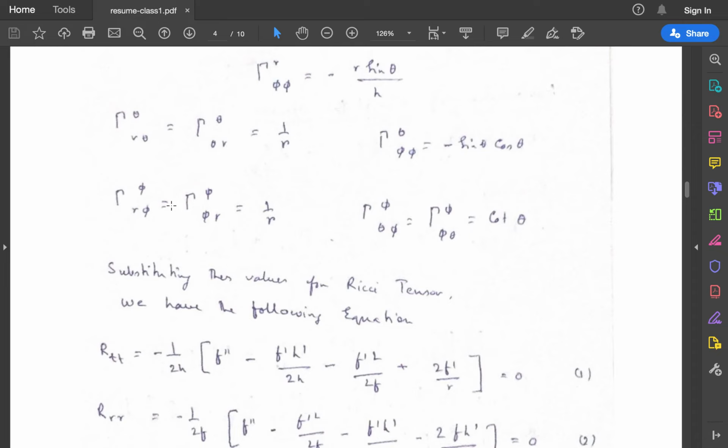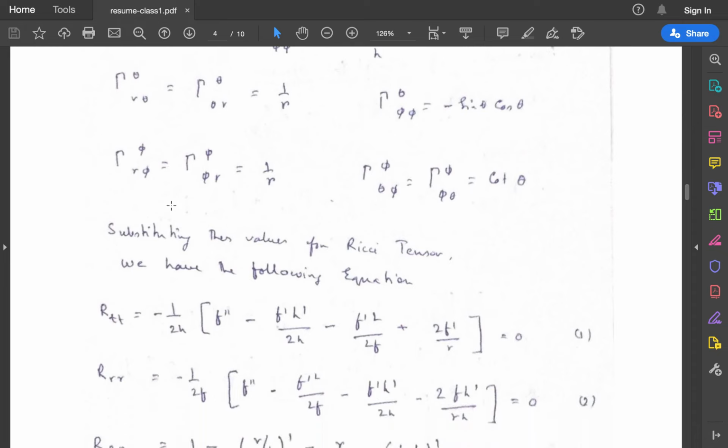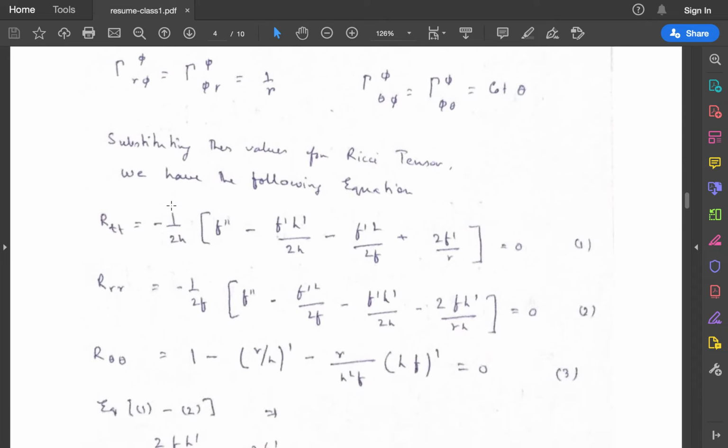Now if I substitute this in the Ricci tensor equation and calculate R_tt, we will have this equation: minus 1 over 2h times f double dash, the double derivative, minus f dash h dash by twice h minus f dash square by twice f plus twice f dash by r, which is equal to 0 because all the components will vanish as we argued previously.